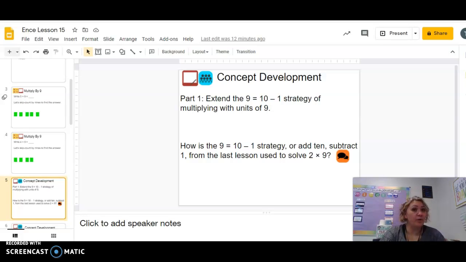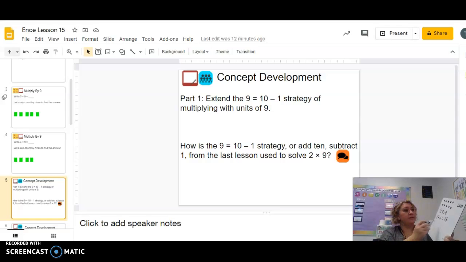So 10 more than 9 is 19. So add 10 to 1 times 9, which is 19, because 1 times 9 equals 9. 10 more than 9 is 19. Then we're going to minus 1, and 19 minus 1 equals 18.